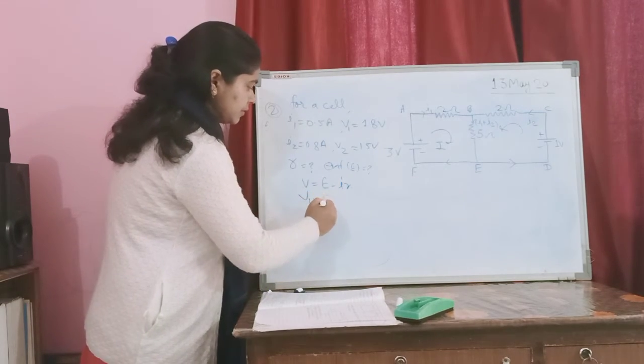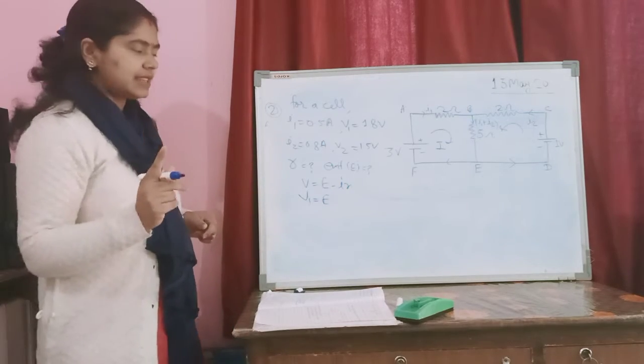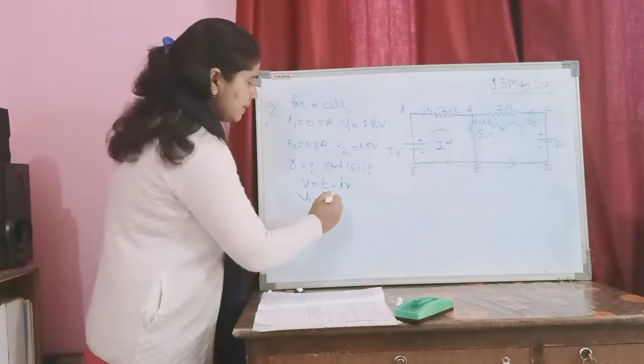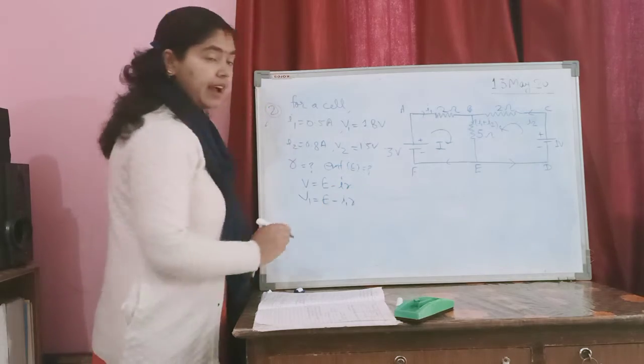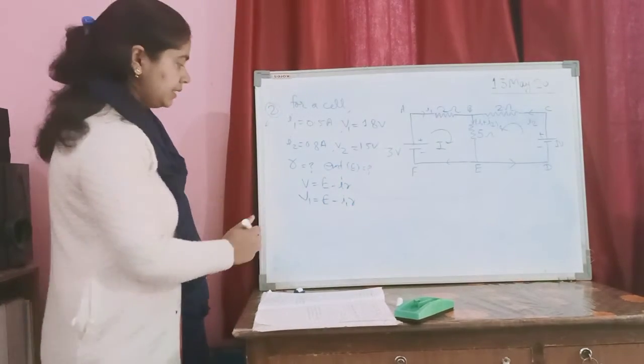V1 equal to E minus I1 R, since there is a single cell, so the EMF will remain constant and R for a cell is constant.